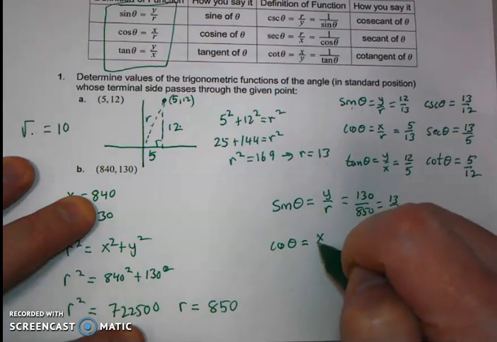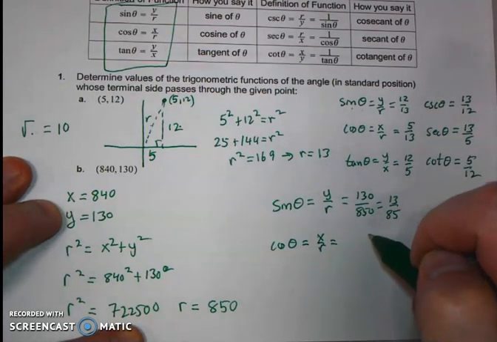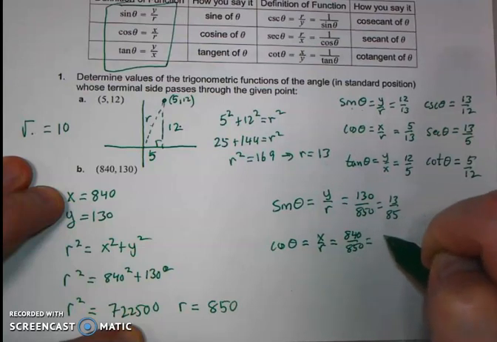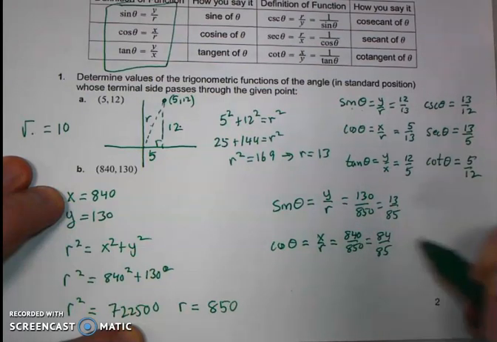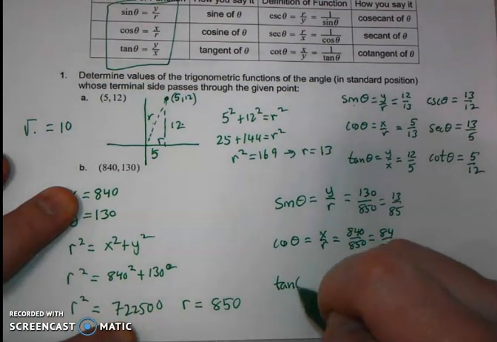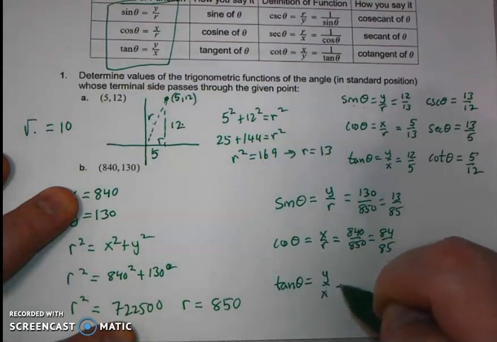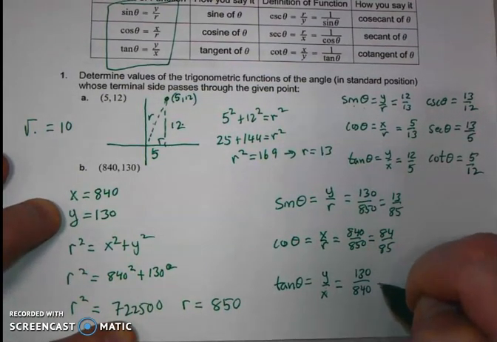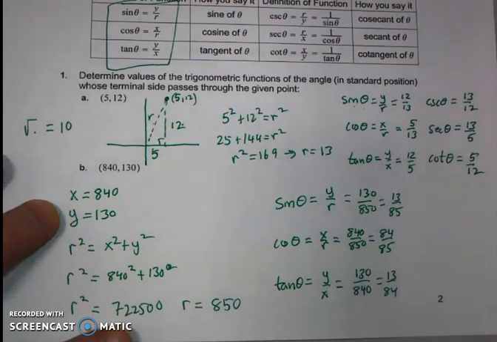Cosine theta is x over r. That's 840 over 850. Again, I'm going to reduce by 10. Call it 84 over 85. And tangent theta being y over x. That's 130 over 840. I'm going to write it as 13 over 84.